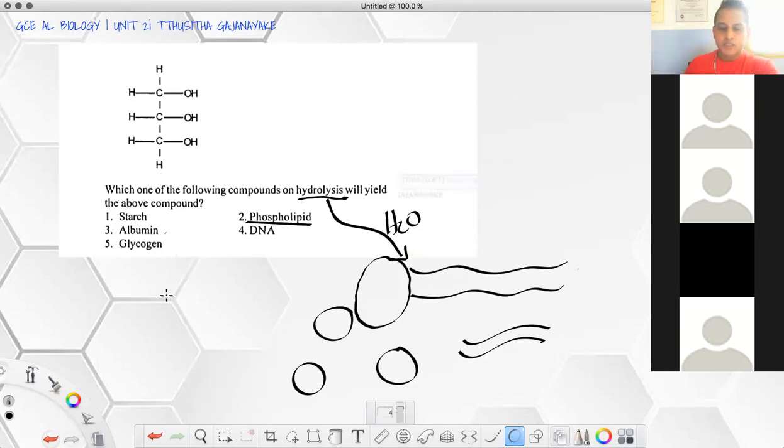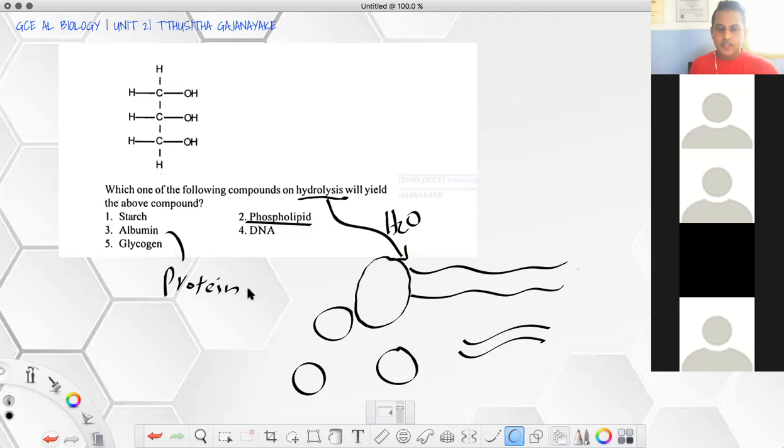Okay, albumin is a protein. Right. The last one is the steroid, right?